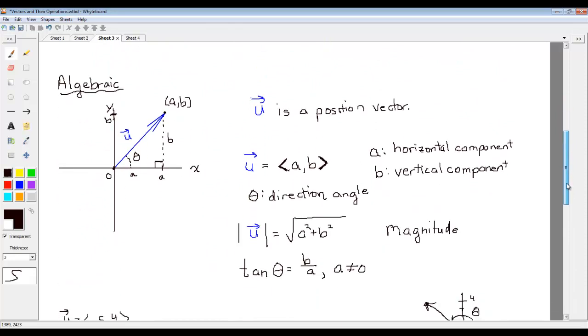If you look at that drawing carefully, you'll realize that the cosine of theta is going to be adjacent over hypotenuse, so it's going to be that length a over the length of that position vector.